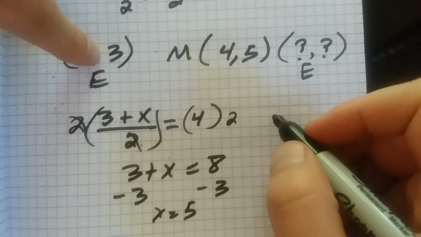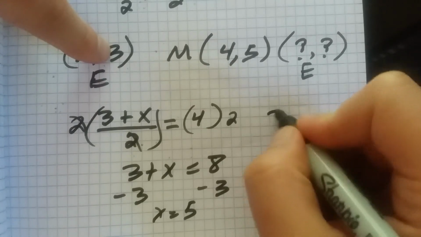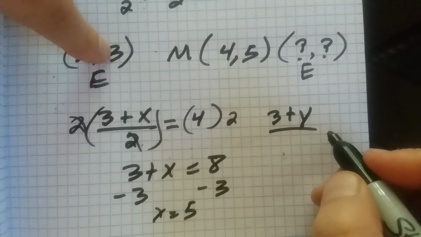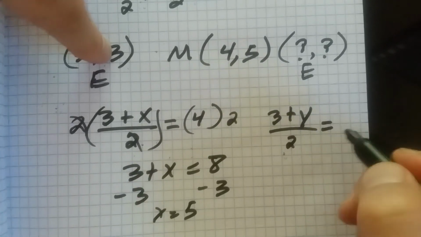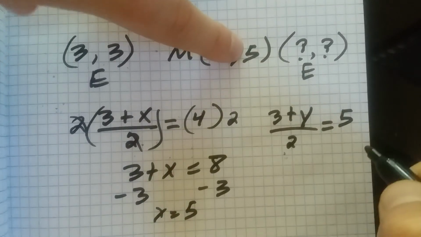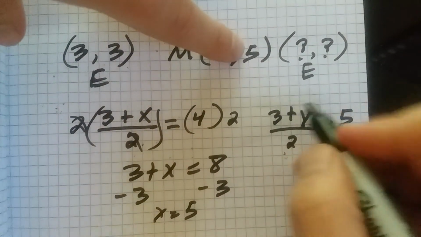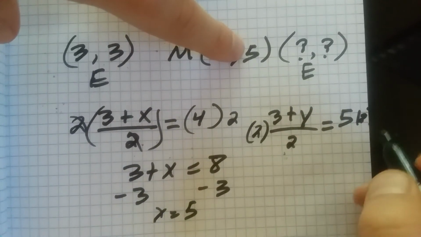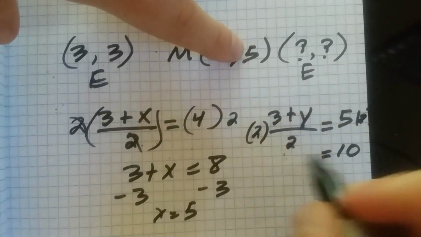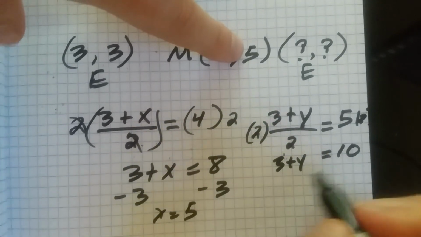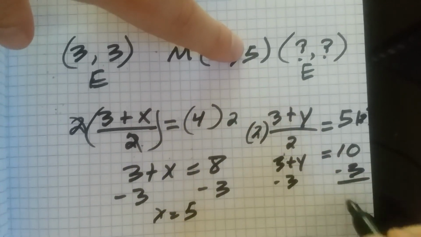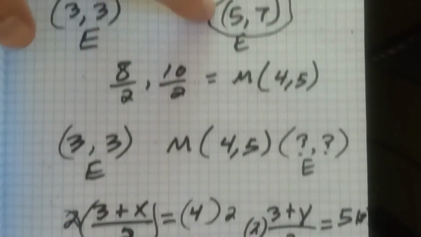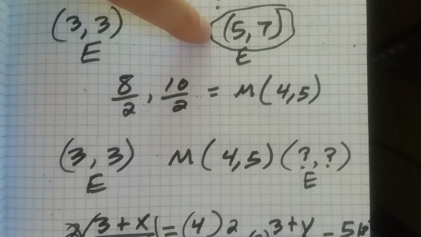We're going to say 3, again 3 for the y, plus an unknown y, divided by 2, should equal our midpoint y, 5. Multiplying by 2 gives us 10. 3 plus y is equal to 10. Subtracting 3 from both sides, y is equal to 7. And sure enough, looking back at our original endpoint that we used, that's what it was.